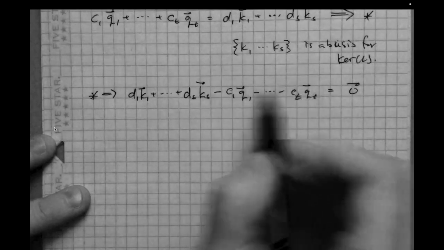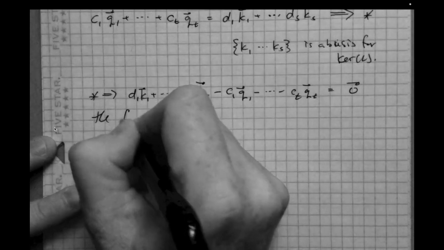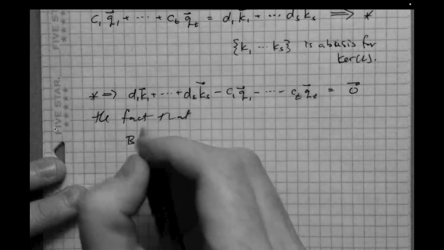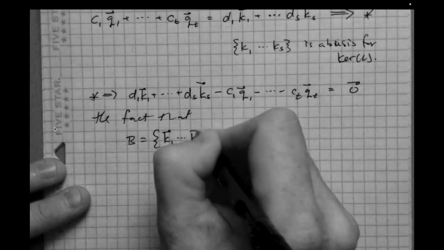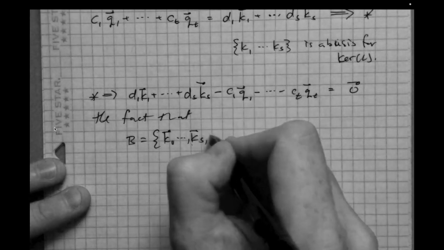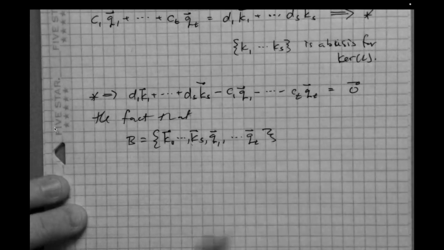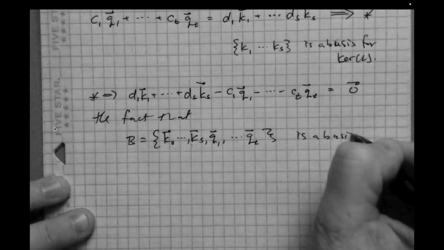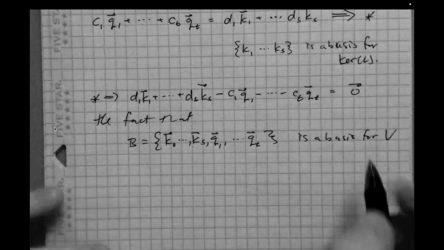This here, combined with the fact that K1 dot dot dot KS is a basis for the kernel, and Q1 dot dot dot QT together form a basis for V, what does that imply? That implies that it's linearly independent.